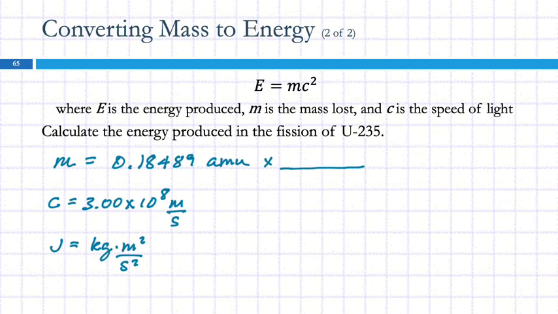So we could say that 12 grams is equal to 12 atomic mass units. We can say that one C12 atom is equal to that many atomic mass units.